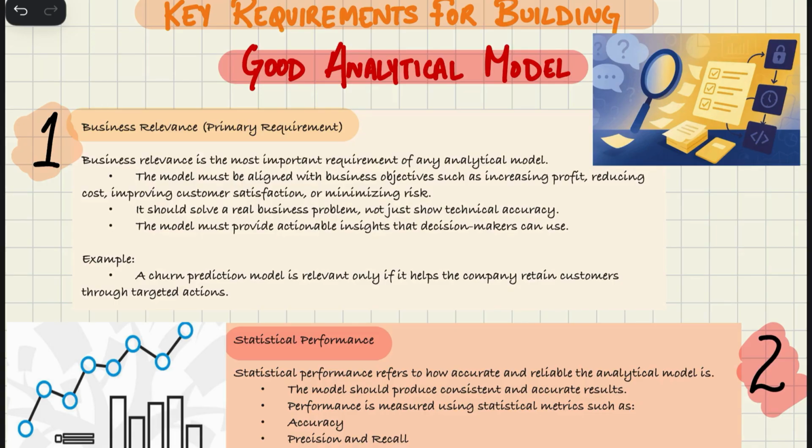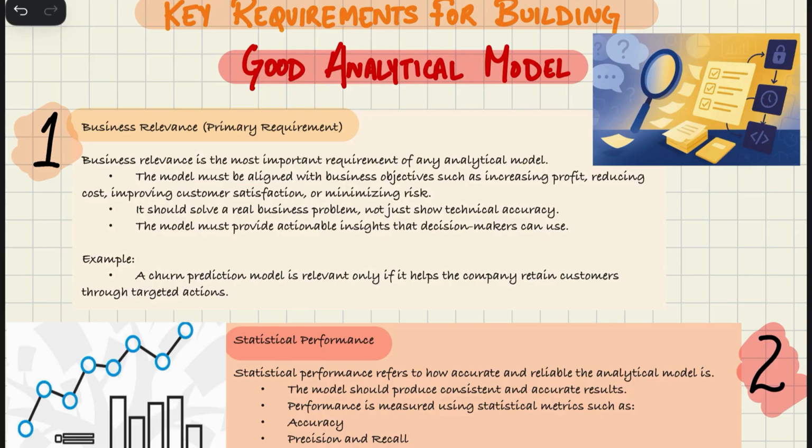For example, there is a churn prediction model. Churn tells how many people are going to leave your loyalty. A churn prediction model is only valuable if it targets customers before they leave, allowing the company to retain them.